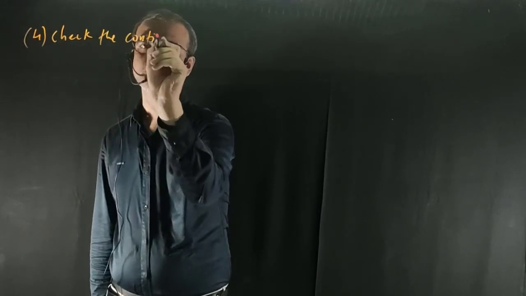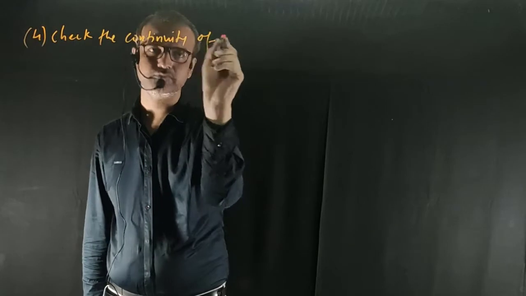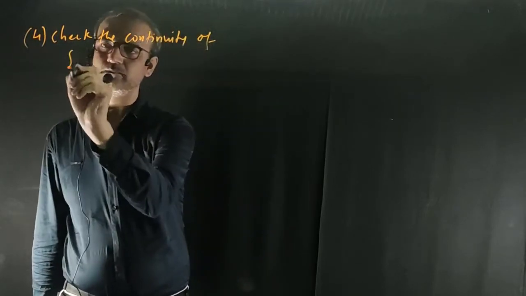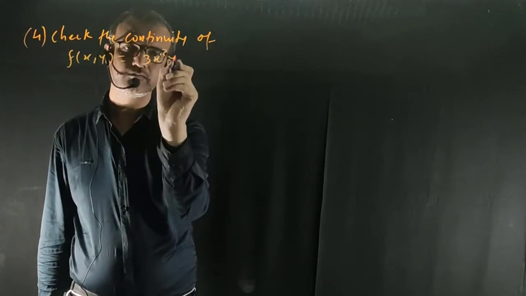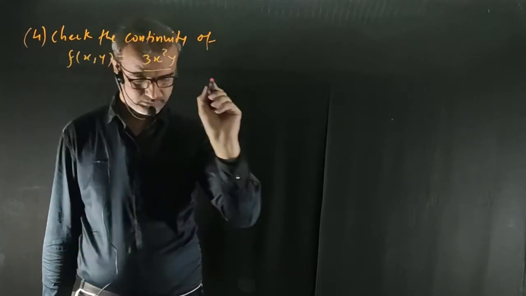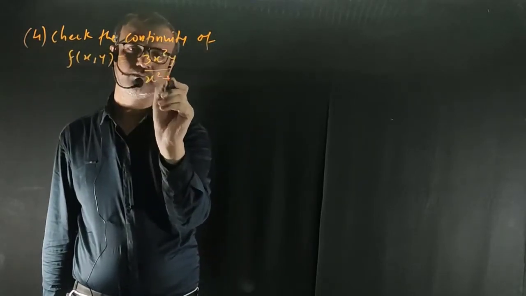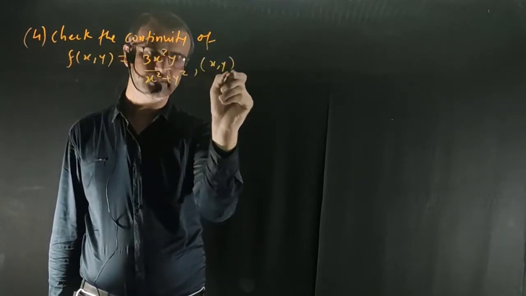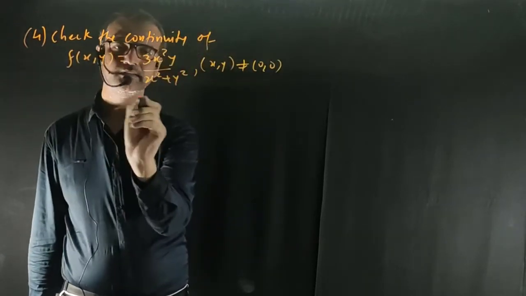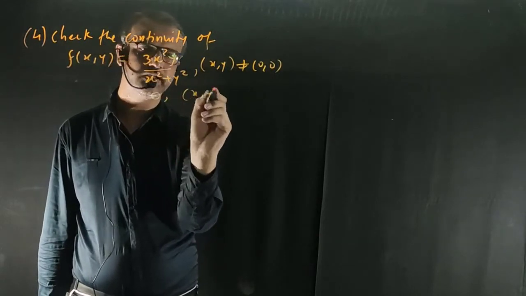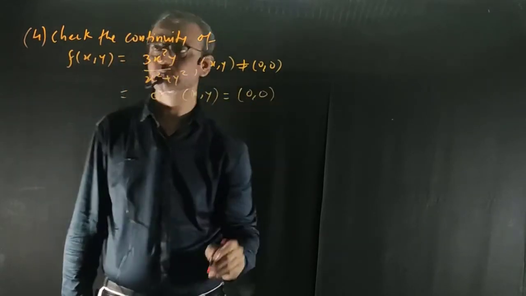Okay, now we will see problem number 4, that is check the continuity of function of xy. Function of xy equals 3x square y upon x square plus y square when xy is not equal to 0, 0, and this is 0 when xy equals 0, 0.